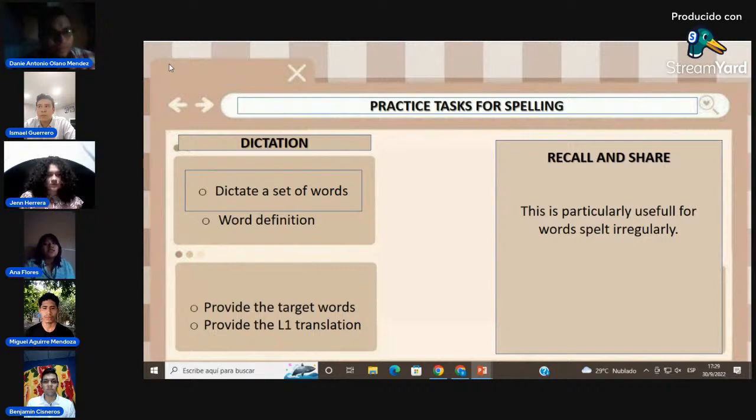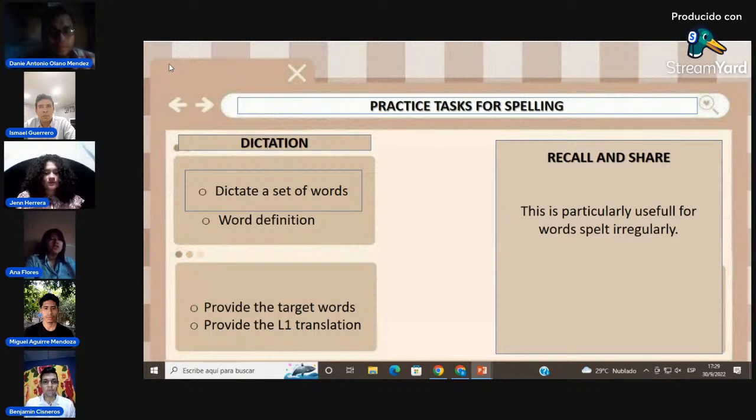The second one is recall and share. This is particularly useful for words spelled irregularly. Basically, you write on a whiteboard or blackboard a set of words that you must teach to your students. Then you ask them to watch them and try to memorize it.